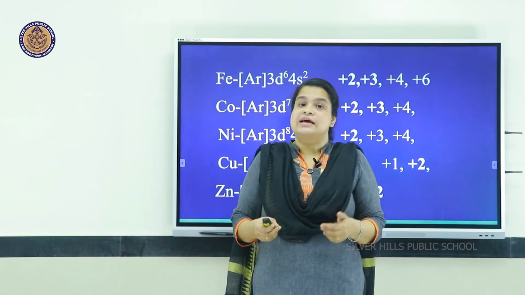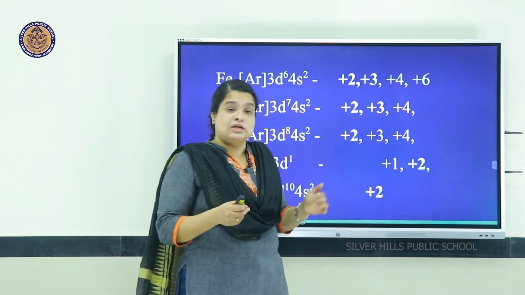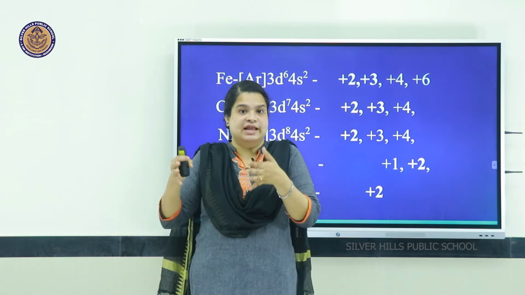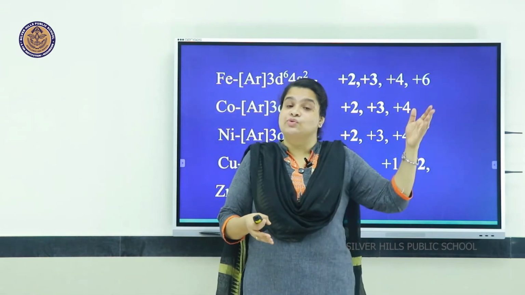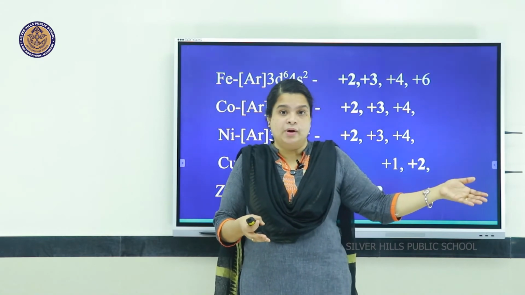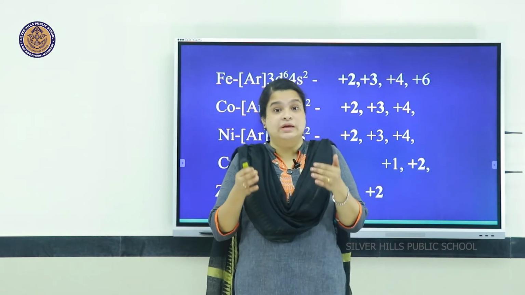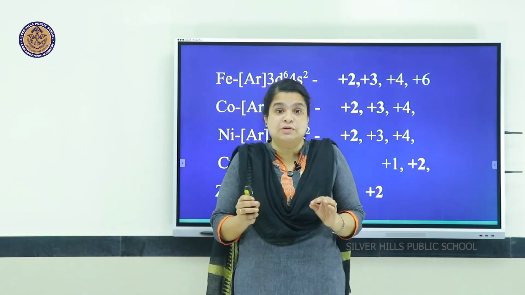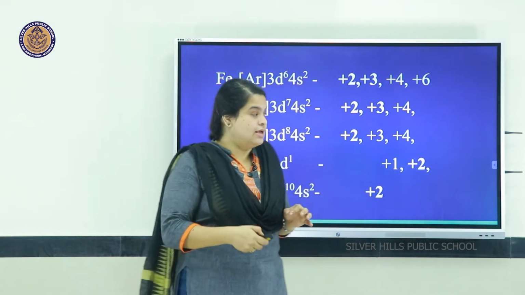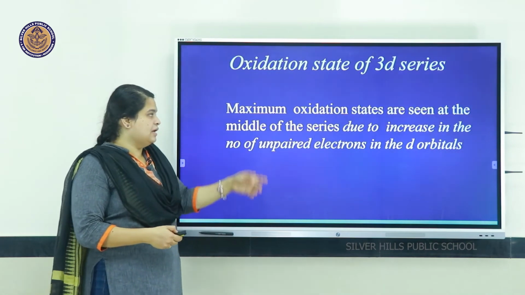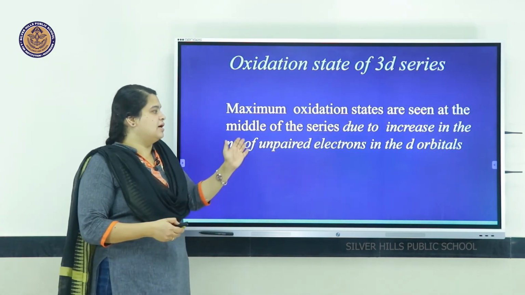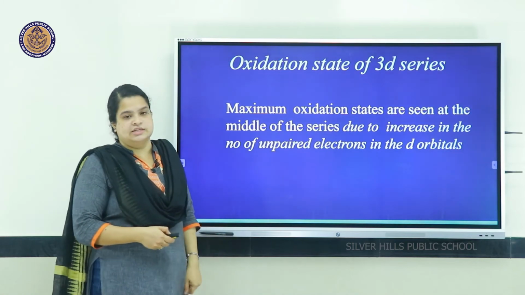Why is it like that? This is because the number of electrons in d in scandium and all is less, whereas there are more electrons at the center, and when you reach the end, that is copper, Zn and all, the number of electrons is more, but availability of d orbitals is less. So here we can see that maximum oxidation states are seen at the middle of the series due to an increase in the number of unpaired electrons in the d orbital.